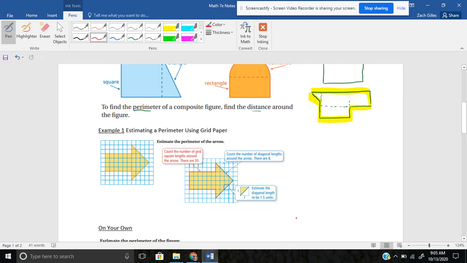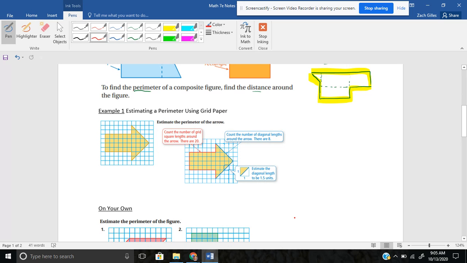So in the first example here, we're just going to estimate the perimeter. So we're just going to get close. It wants us to estimate. So to do that, first we'll count the number of grid lengths that we have, those full square lengths. So for example, 1, 2, 3, 4, 5, 6. Looks like this distance is 6. And it looks like this distance is mirroring that, so that'd be 6.